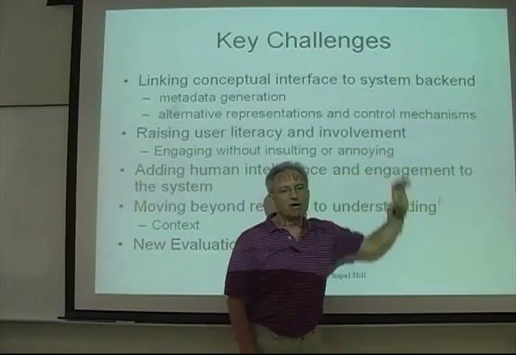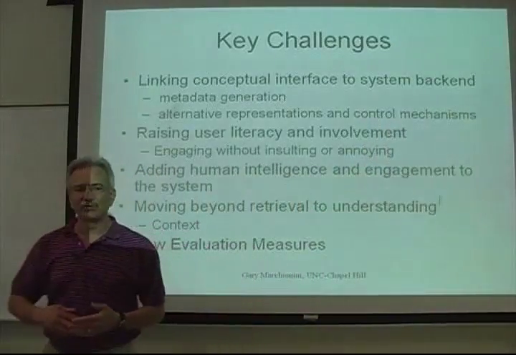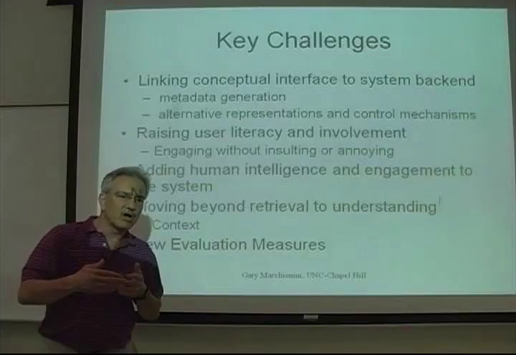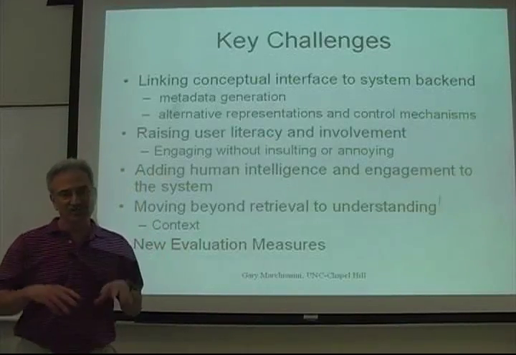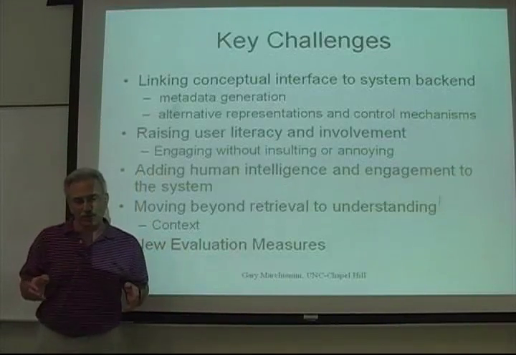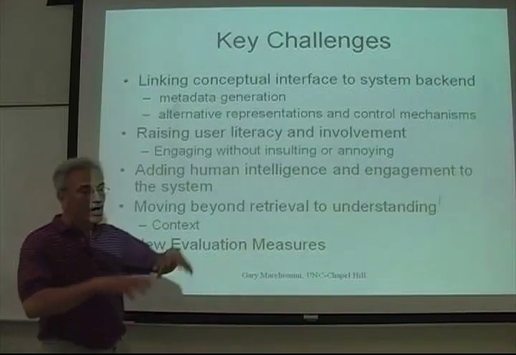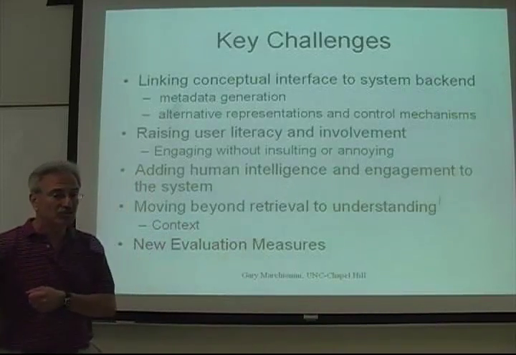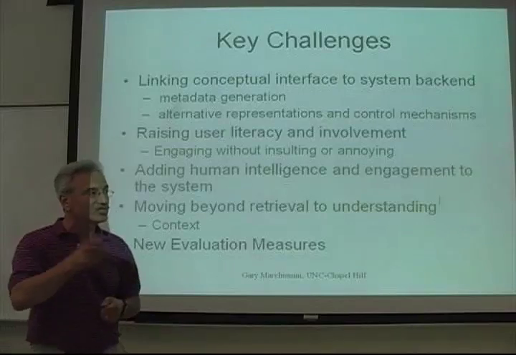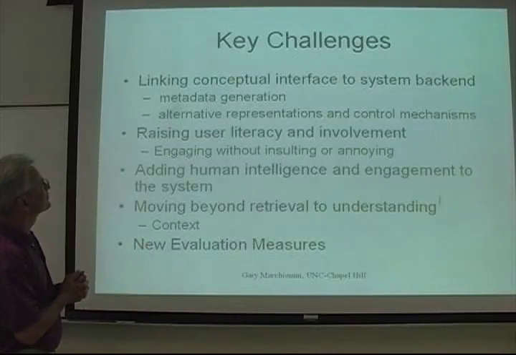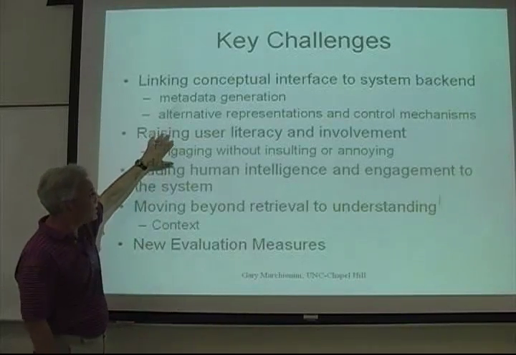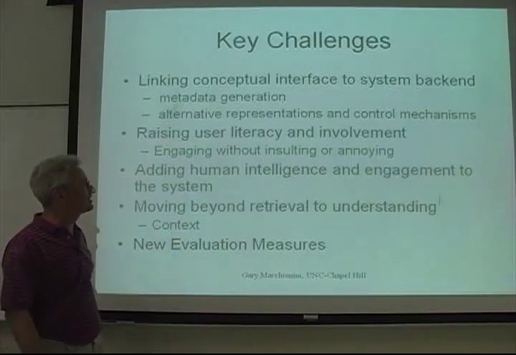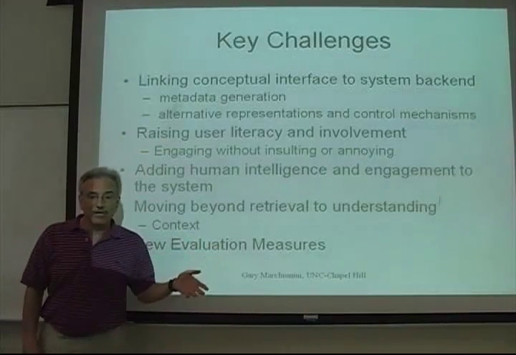elegant and agile control mechanisms that allow people to quickly move across these different alternative representations. This is the essence of the Agile Views framework. We really like to have alternative representations and easy mechanisms for changing across those representations. We'd like to actually raise literacy and involvement without insulting or annoying people.